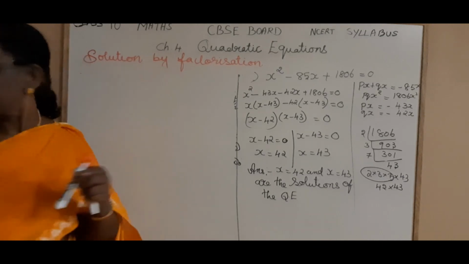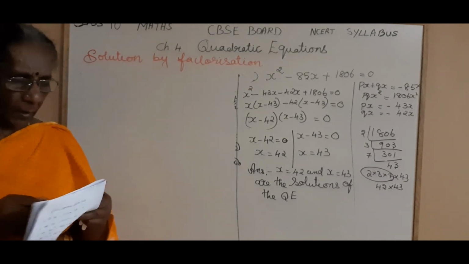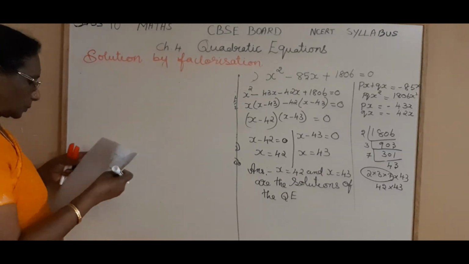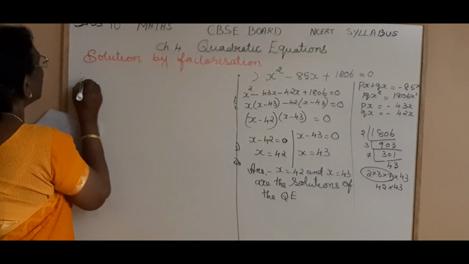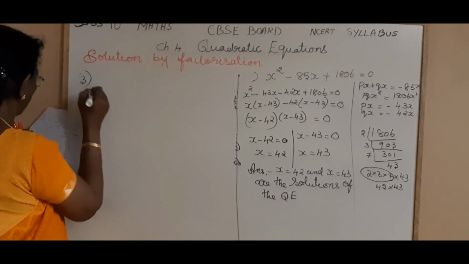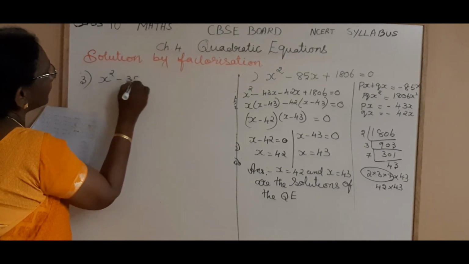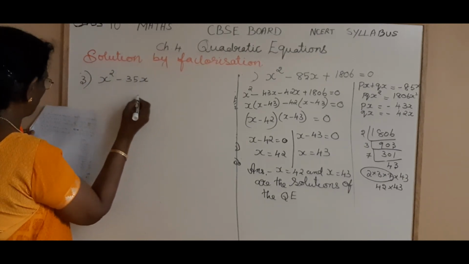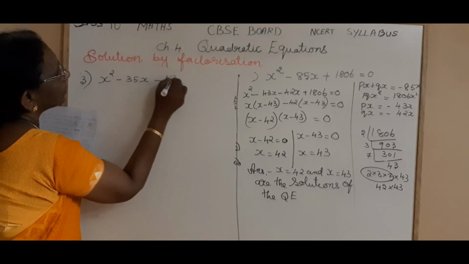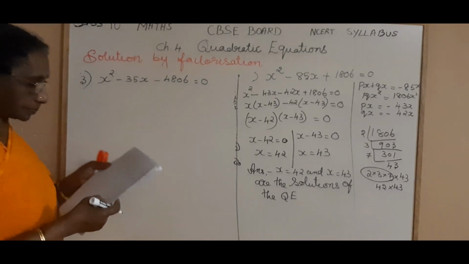Sum number 3. x square minus 35x minus 4806 is equal to 0.